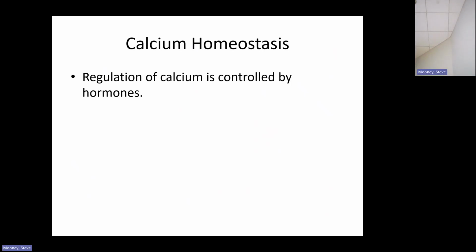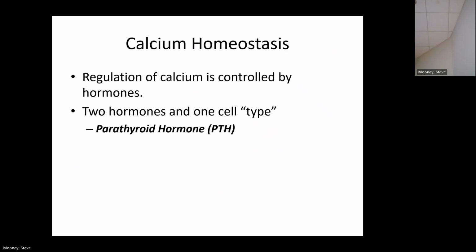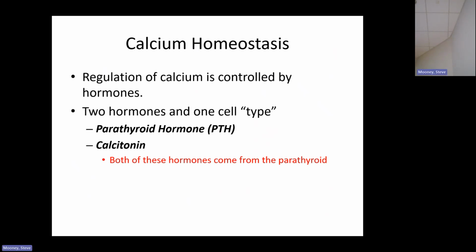So calcium in and out of the bone is controlled by the osteocyte and two hormones. So you've got parathyroid hormone, PTH. That's going to be responsible. Calcitonin. Both of these hormones come from the parathyroid.